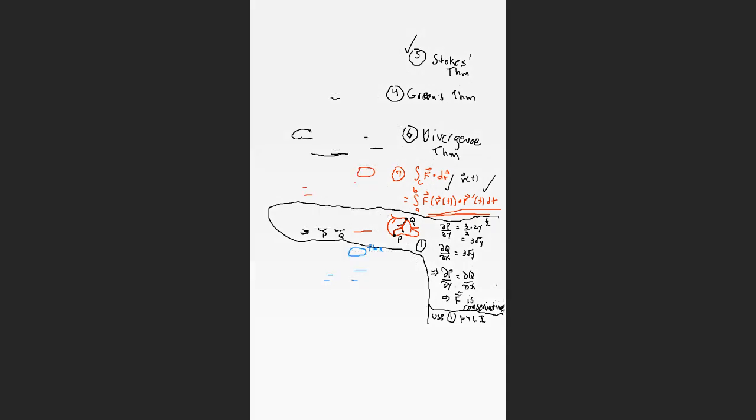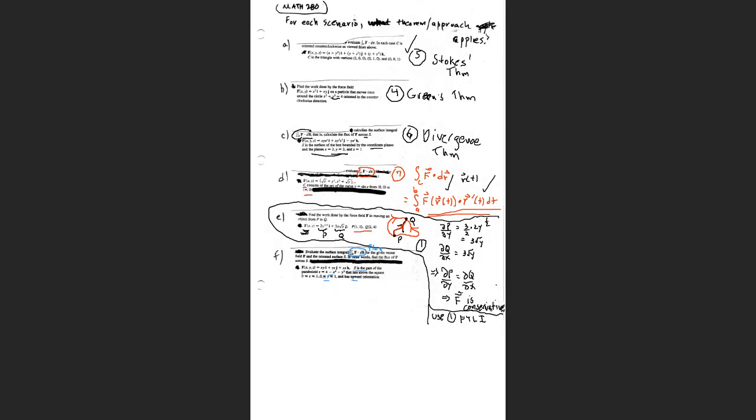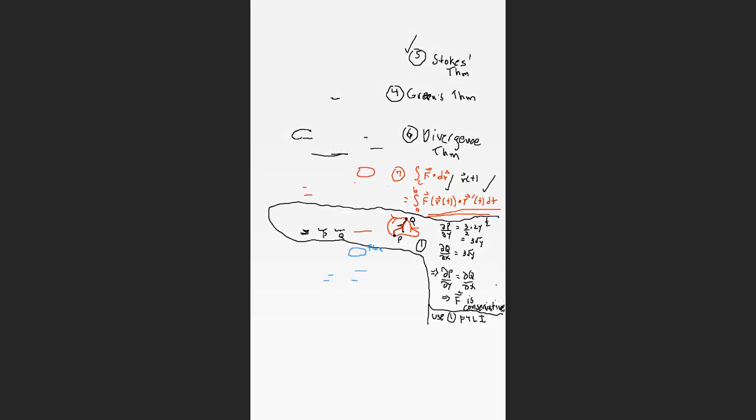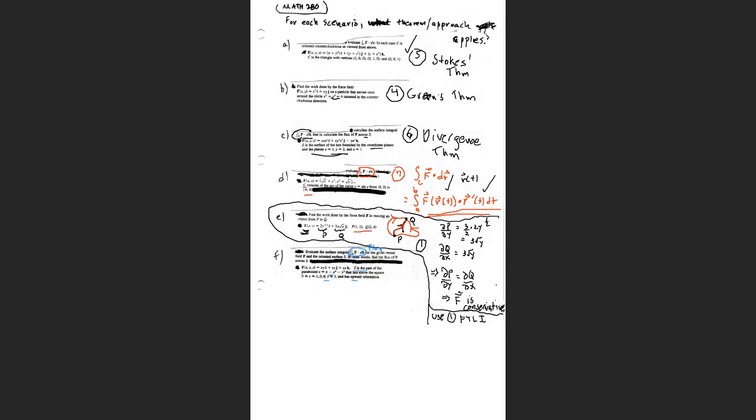The paraboloid opened to the right until it touched the disk. So essentially, the disk and the paraboloid together was a closed surface.